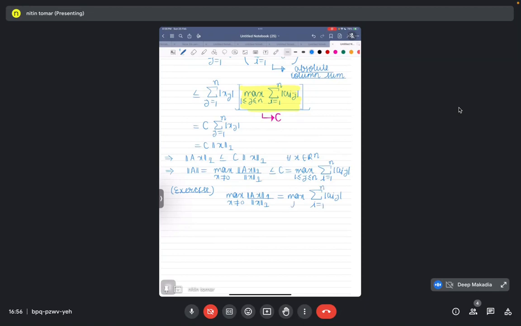Isn't it interesting that for the infinity norm you are getting the maximum of the row sum, and here you are getting the maximum of the absolute column sum? Is this clear?